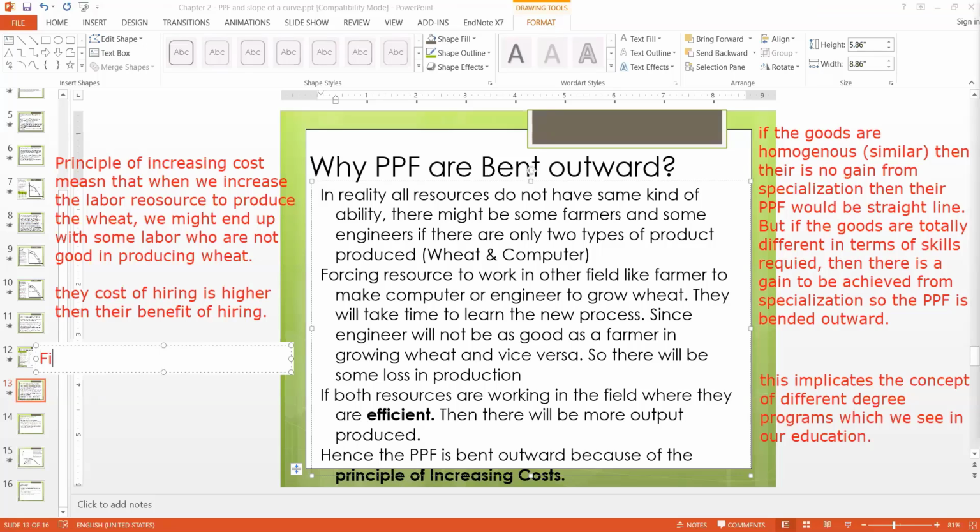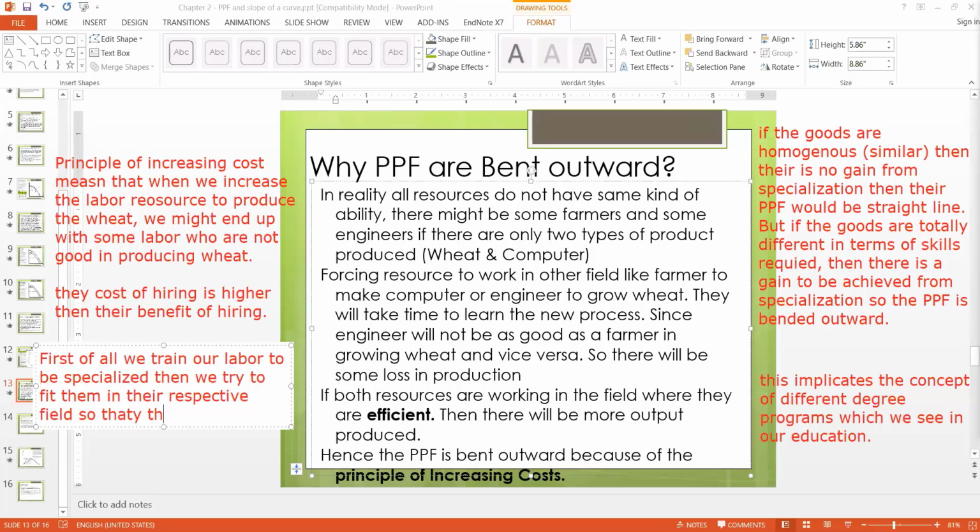So how can we take advantage? First of all, we train our labor to be specialized. Then we try to fit them in their respective fields so that they are most productive, which will help in moving towards the outward bended portion of the PPF.